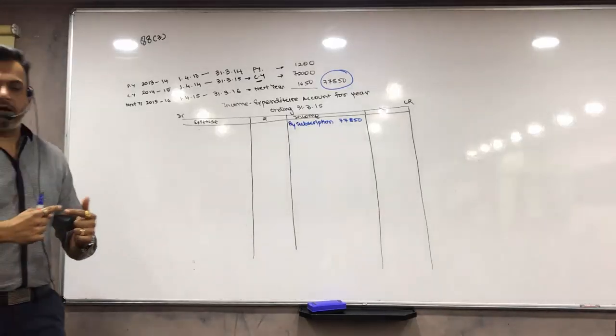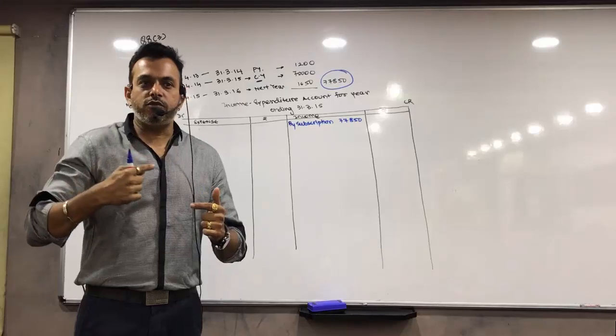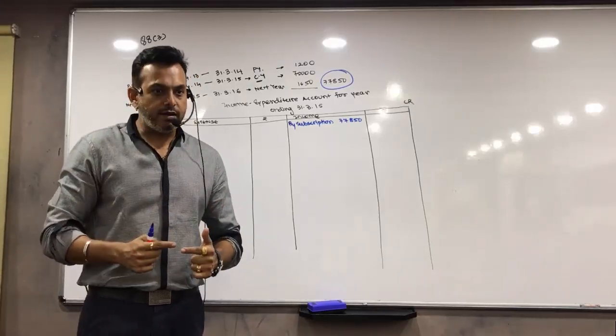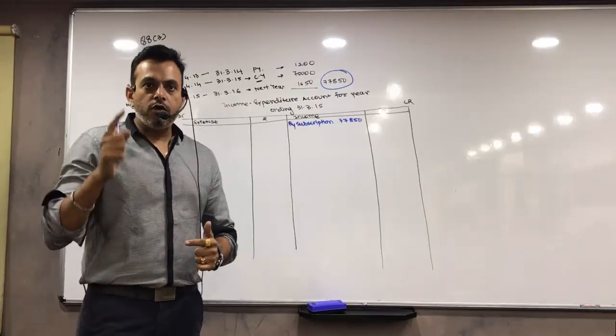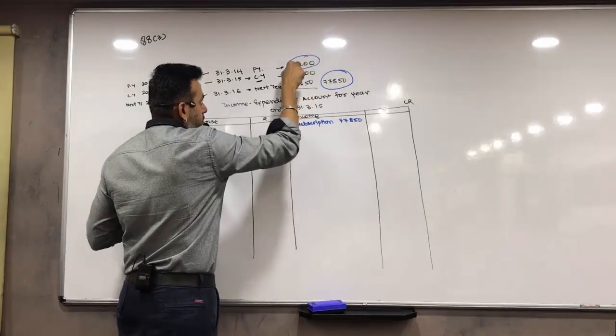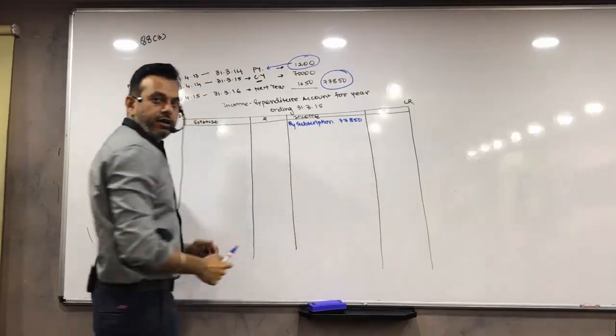What is the income of this year? My income is what I get, or should get, in return for the services I gave. That is my income. Got it, all of you? Now, out of this, 1,200 was of the previous year, which is included. Is it income of the current year?